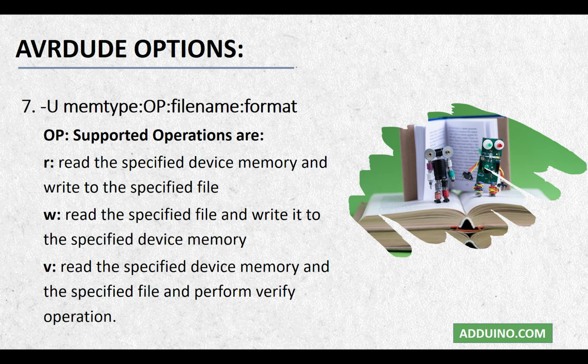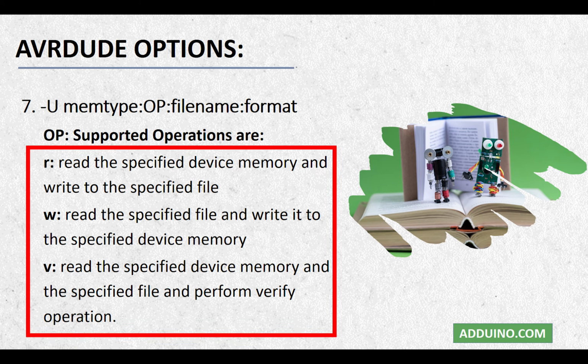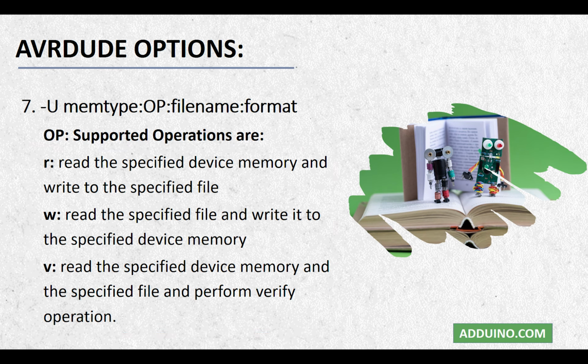The OP parameter specifies the type of operation to be performed. This field takes a single character that can be r, w, or v for read, write, or verify operations. The details for these operations are provided in this slide.